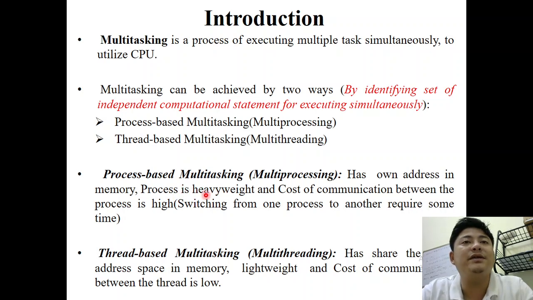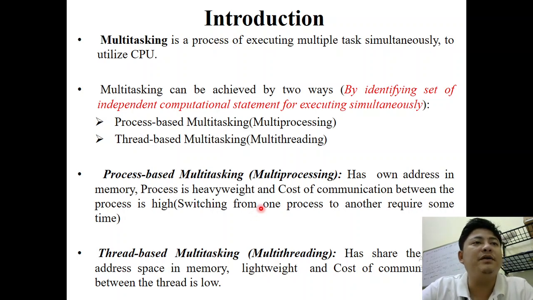It is also known as a heavyweight process, and the cost of communication between the processes is very high. Also, whenever the CPU switches from one process to another in process-based multitasking, some time is used during which the CPU is not utilized. That time is known as the context switch time.